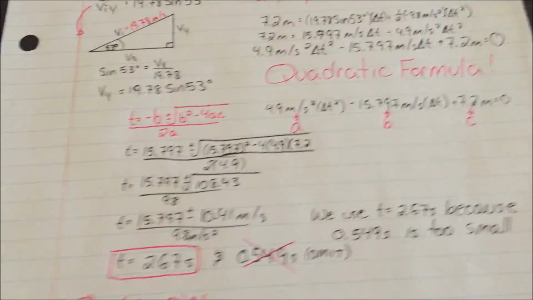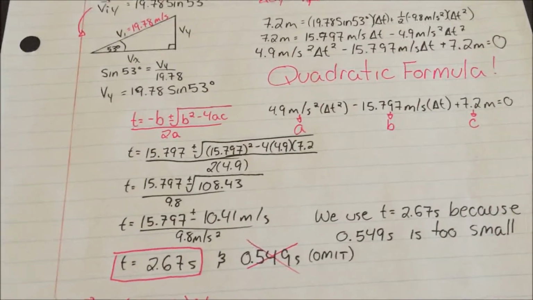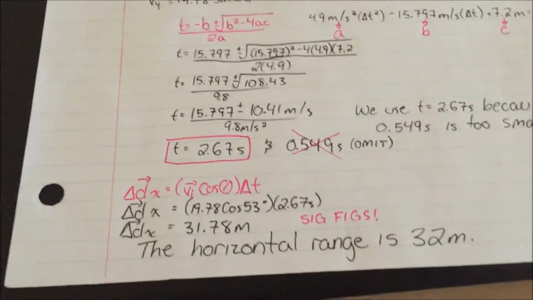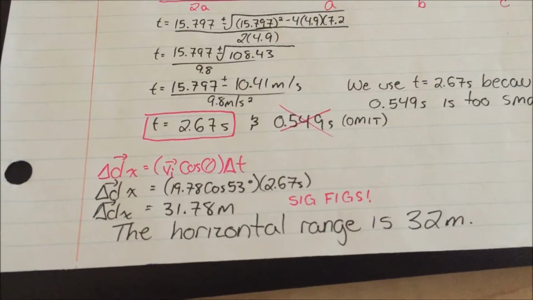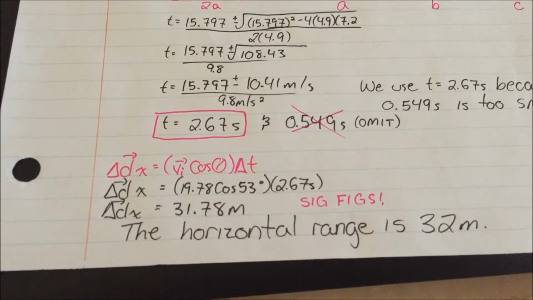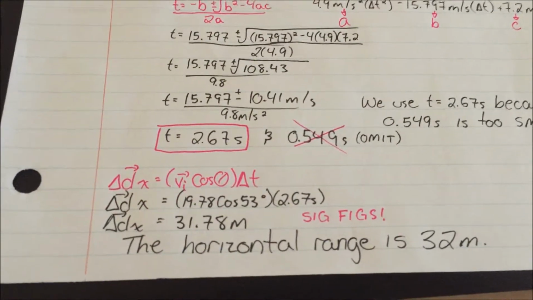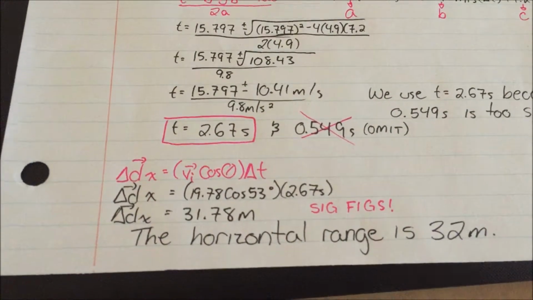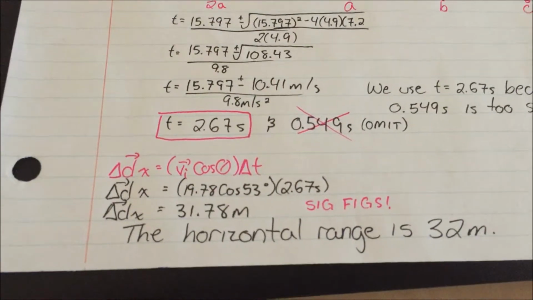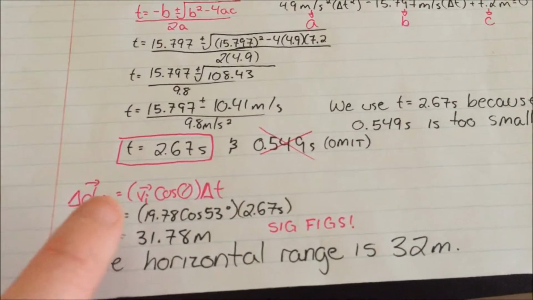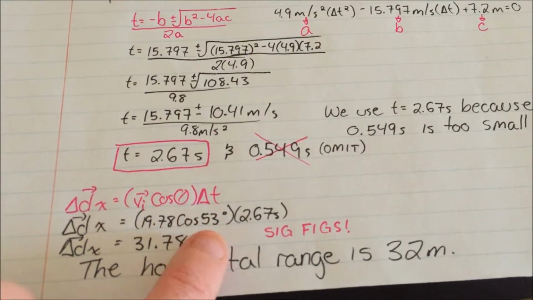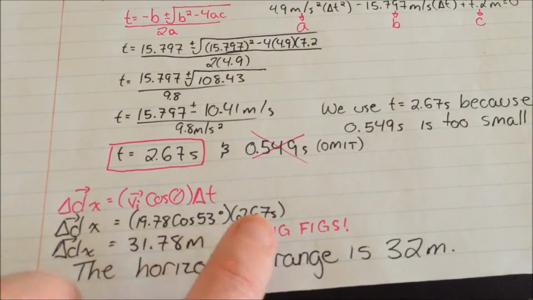So now that we have the time it takes for the ball to land, we use this formula. Your dx, which will be your horizontal range, is equal to your initial velocity times cos theta times your change in time. So we input the values that we know: your initial velocity, cos 53 degrees, and 2.67 seconds.